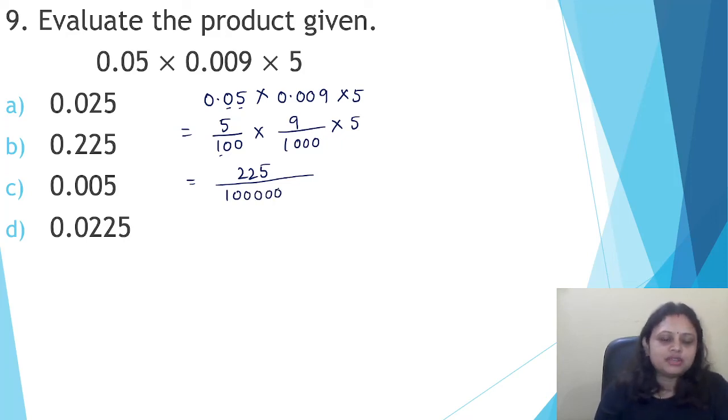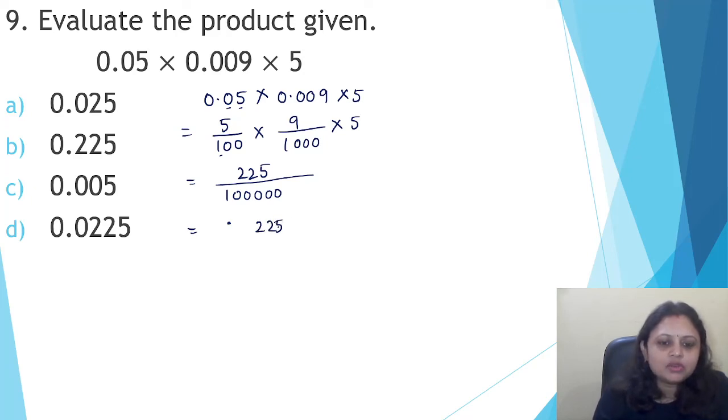5 zeros are there. If after 1 there are 5 zeros, that means after the decimal 5 digits should be there.